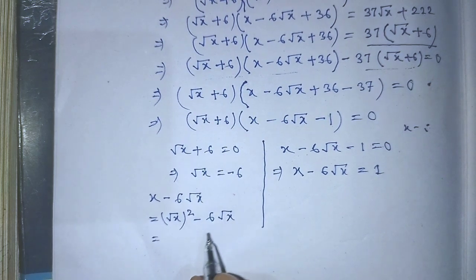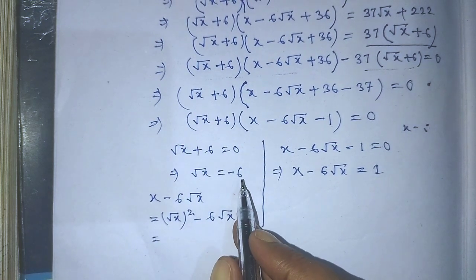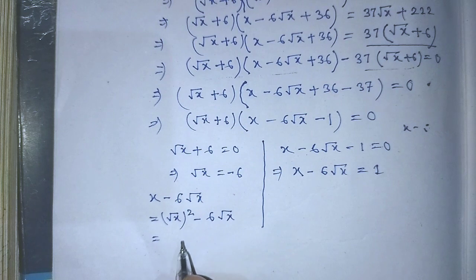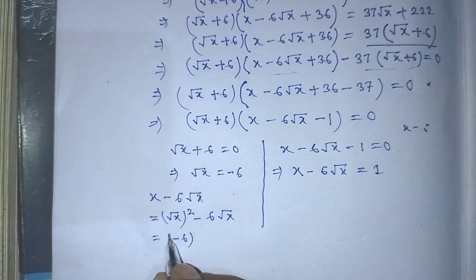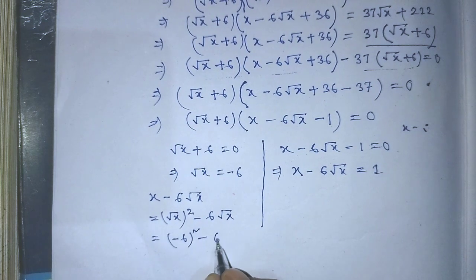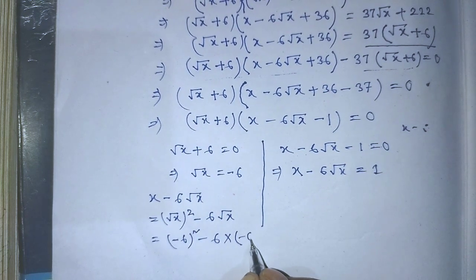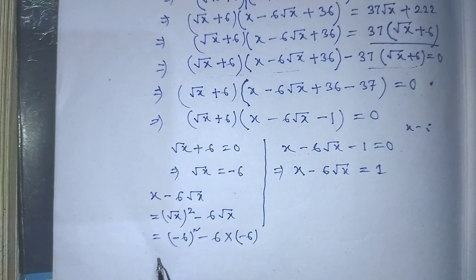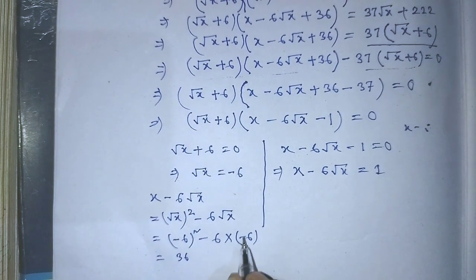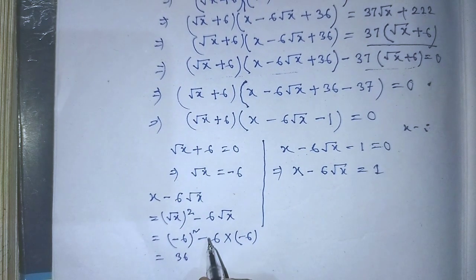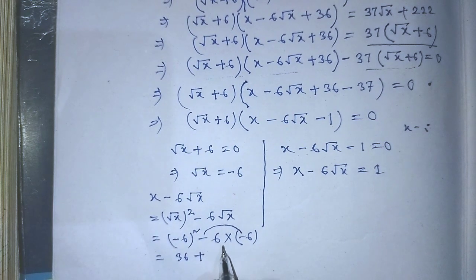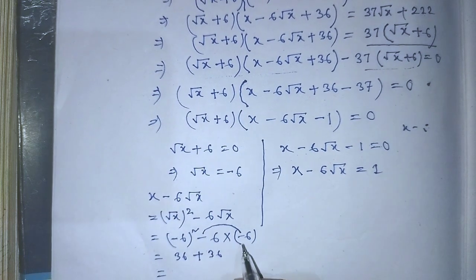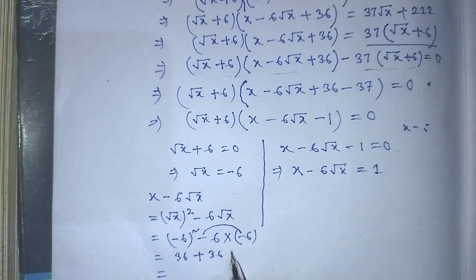So now after putting this value, we can write in here minus 6 whole square minus 6 into minus 6. Okay, so minus 6 square, that is 36, and here is minus and here is also minus, so minus minus plus, so you have to write plus 6 into 6, that is 36. Okay student, if you add 36 with 36, then you get 72.